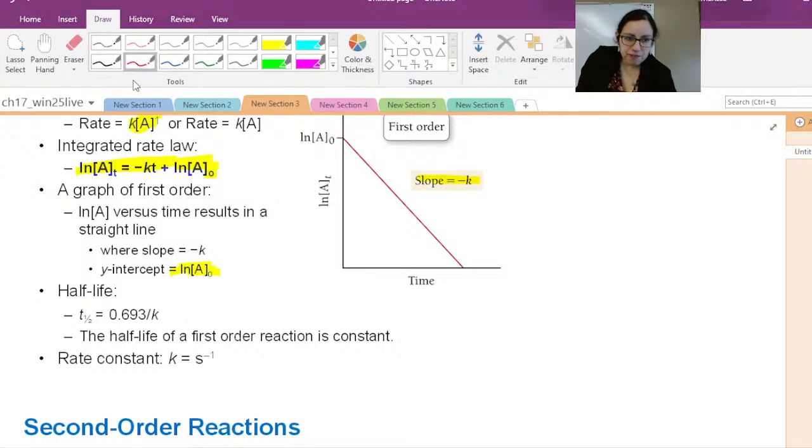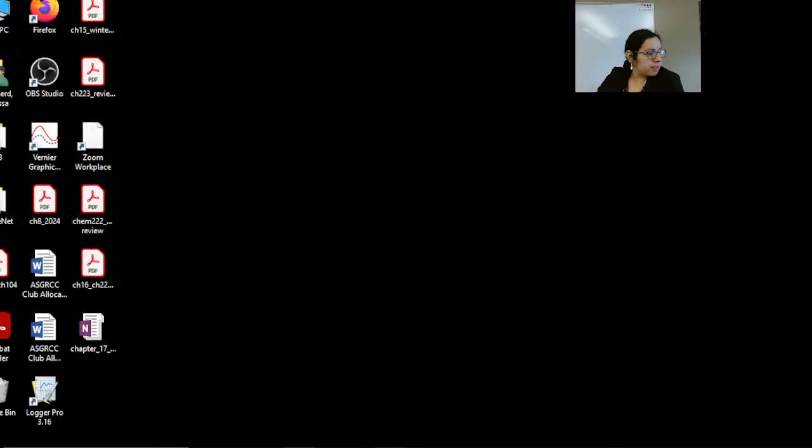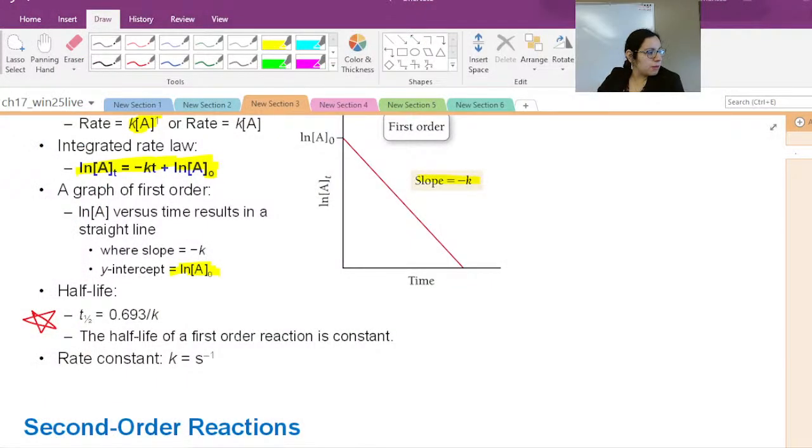When we look at half-life problems, like radioactivity, this is usually the half-life equation we want to work with. It's already simplified to be at the half point, so 0.693 over K is what that simplifies to for a half-life problem.